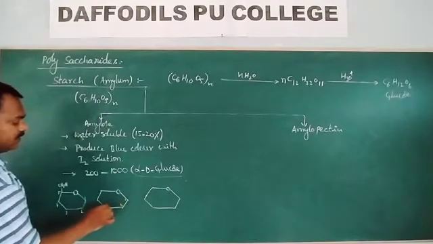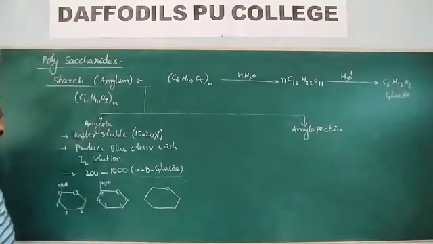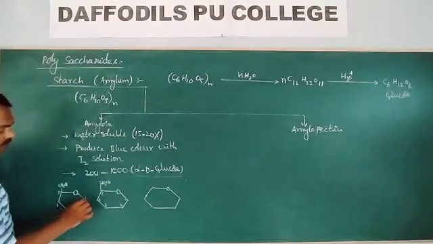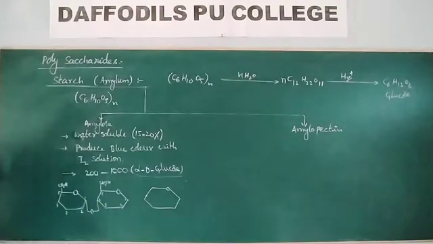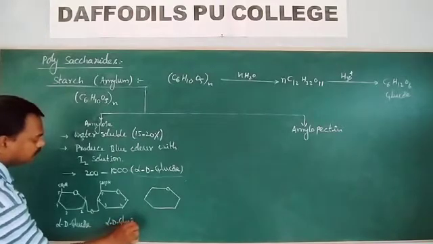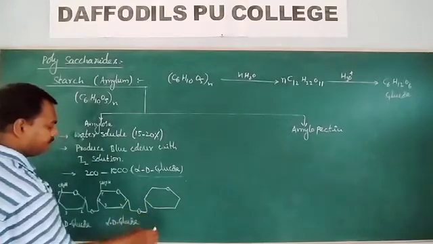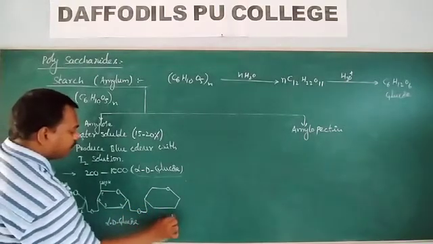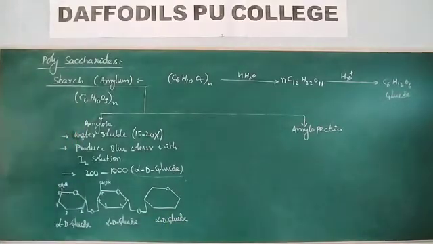The first carbon of one alpha D glucose unit is going to be bonded with the fourth carbon of another alpha D glucose unit. So all these are alpha D glucose units.